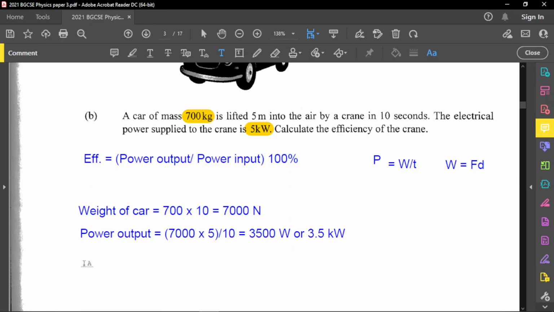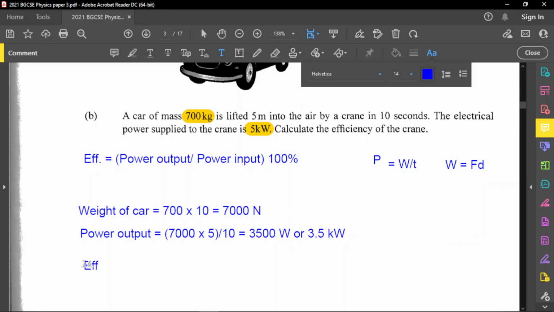So our efficiency now is equal to our power output, which is 3.5 kilowatts. I'm using the kilowatts. Again, if you use the wattage, which would be 3,500, and you divide it by the input power, which is 5 kilowatts, or 5,000 watts, so it could be 3,500 over 5,000, you get the same answer.